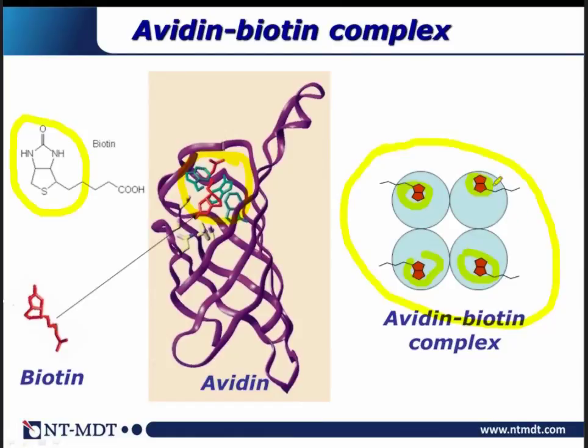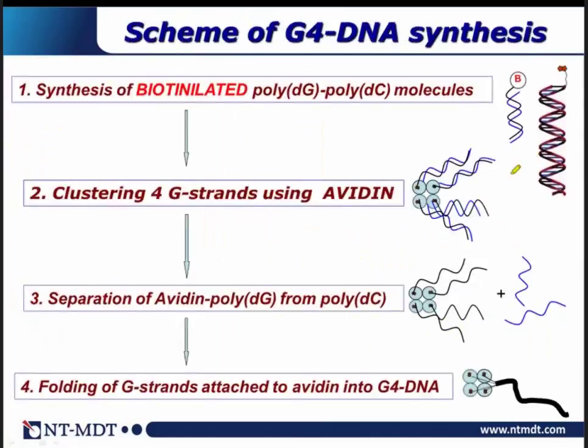So again, what are the stages of the synthesis? As I said, we can synthesize long double-stranded molecules from a short template primer system. We can also use labeled ones. We can order from a chemical company this G strand, for example, labeled with biotin or SH group, or any other residue added to this or that end.